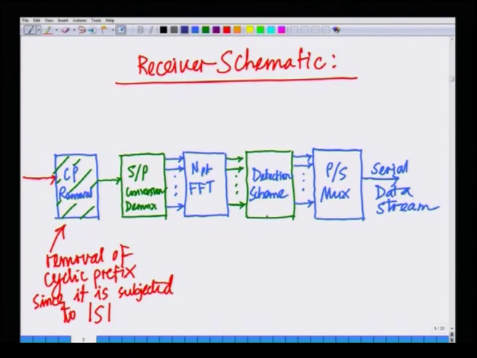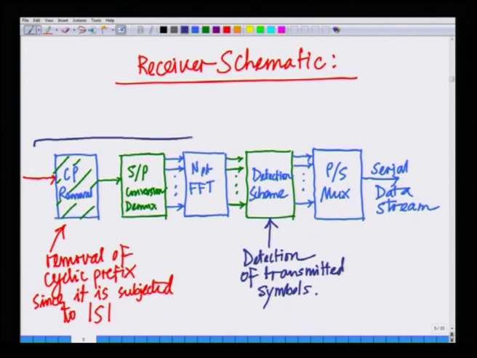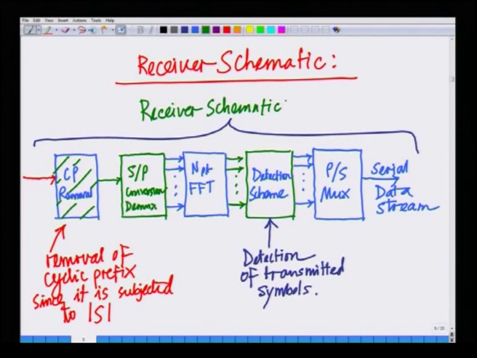I haven't said much about it, but I am going to say something shortly, and it is very simple. This is detection of the transmitted symbols, and now this is the complete receiver schematic of OFDM with CP.